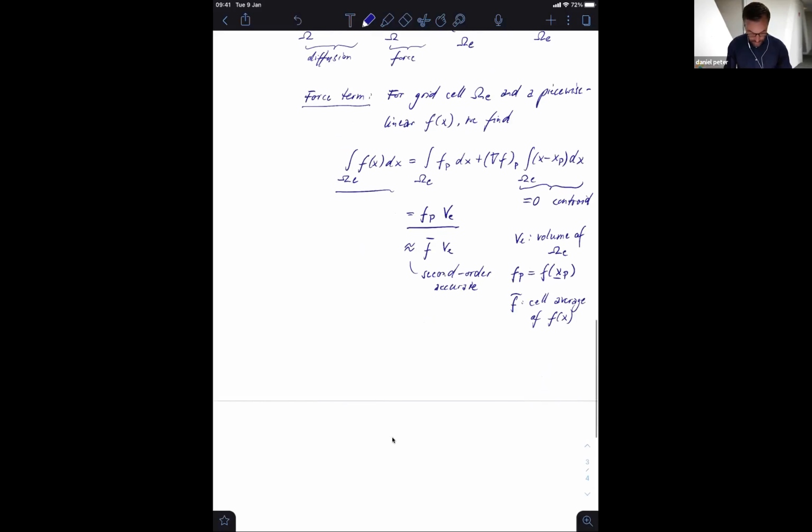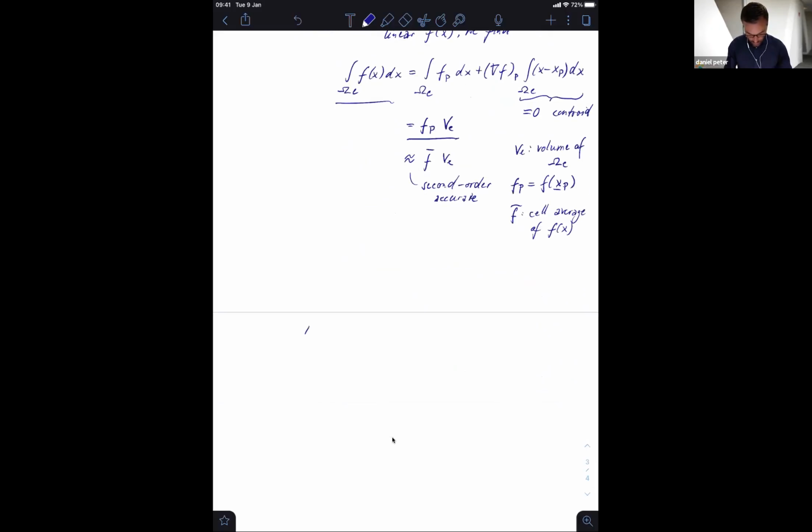Now let's look at the diffusion term. And here we start with a more general case in 3D.